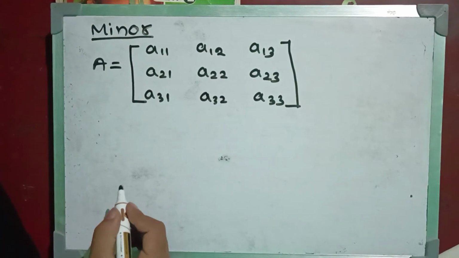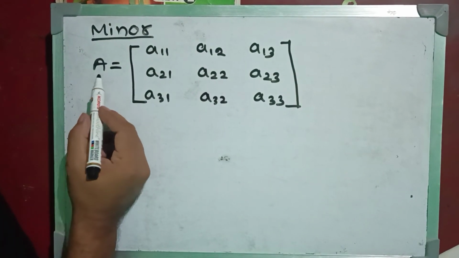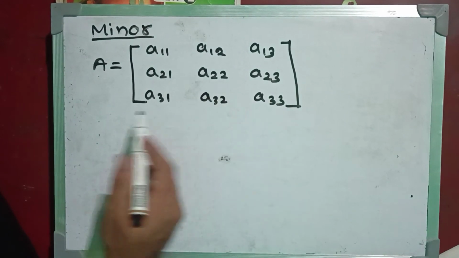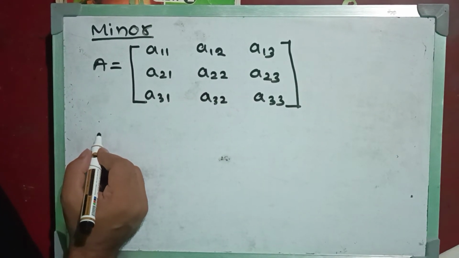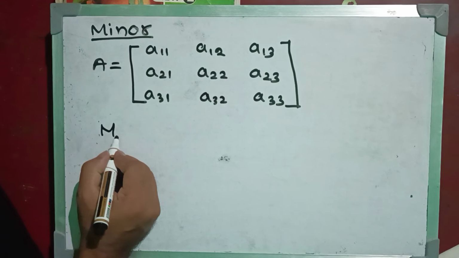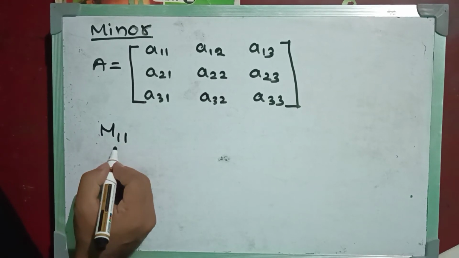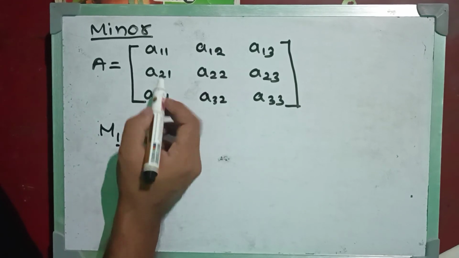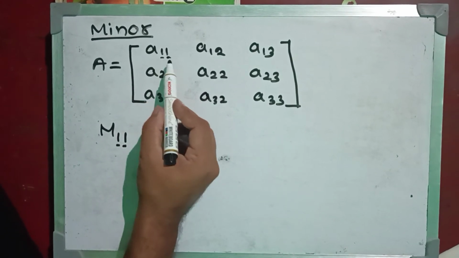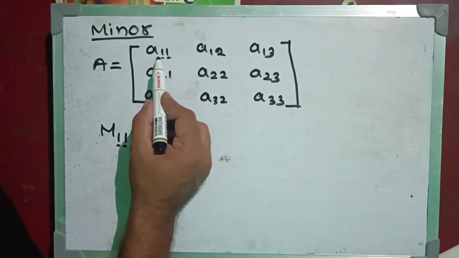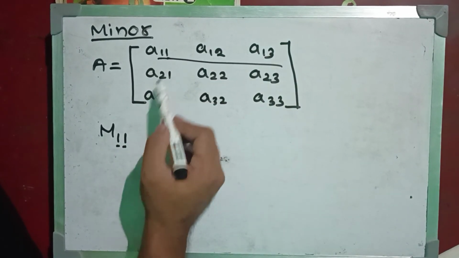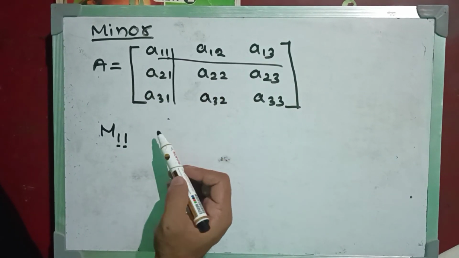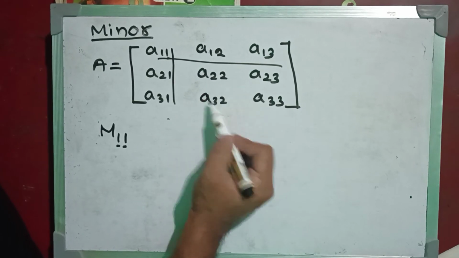Now I will see the minor of a matrix. Here there is a matrix A and these are the elements. If I find the minor of a11, that means the element a11, we will neglect the first row and the first column, and the rest are these 4 elements.